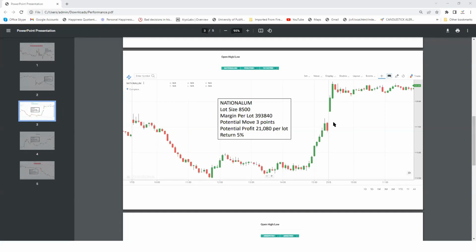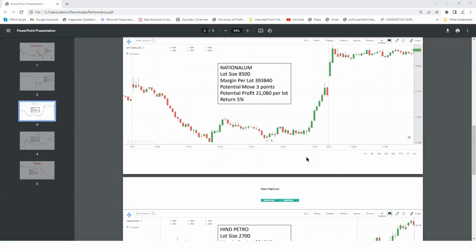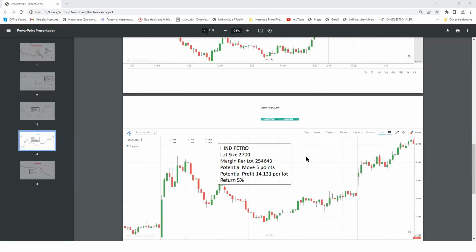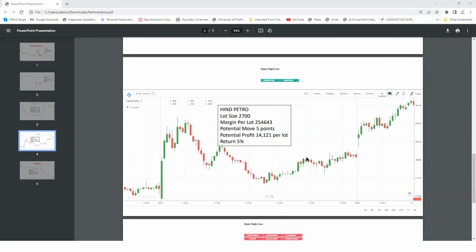It gave a return, 2.5% का move था, और इसमें 21,000 was possible, which gave a return of 5%. Now, you can see here that this is Hind Petro. Potential move, 5 points. Gave a return of 5%.